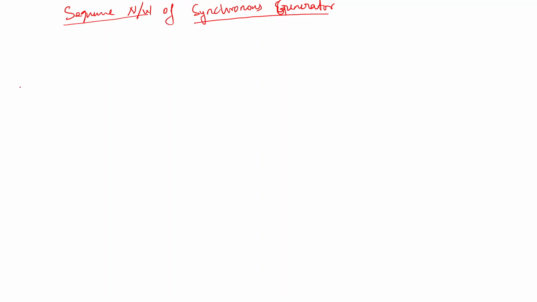So first we will see the sequence network of a synchronous generator. If we want to write the sequence network for a generator, there can be three types of sequence network we can draw.